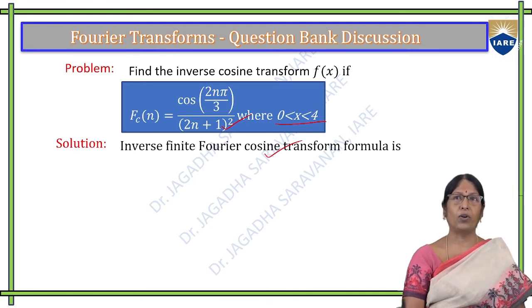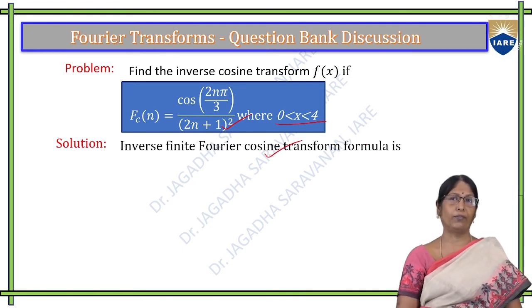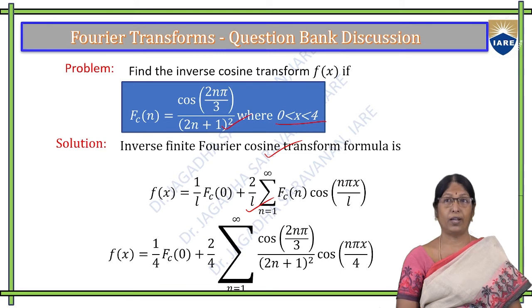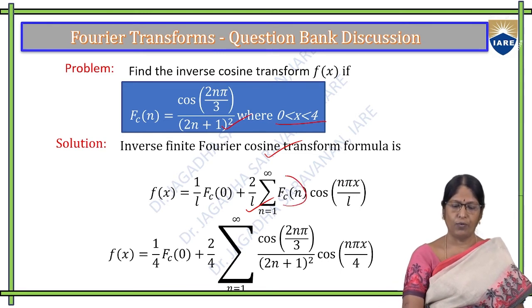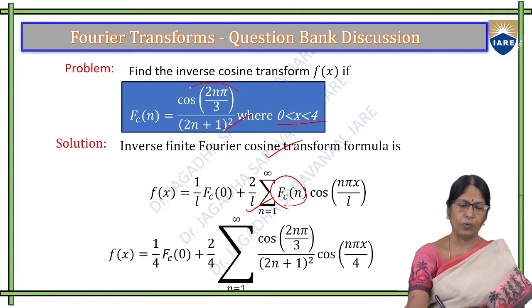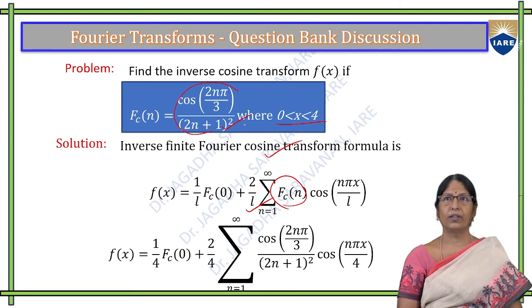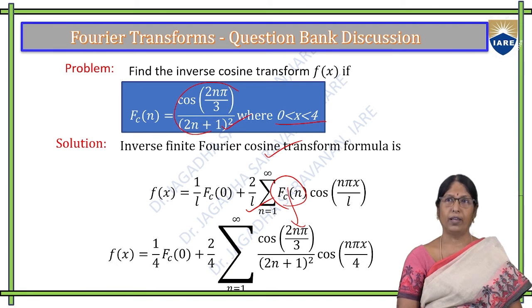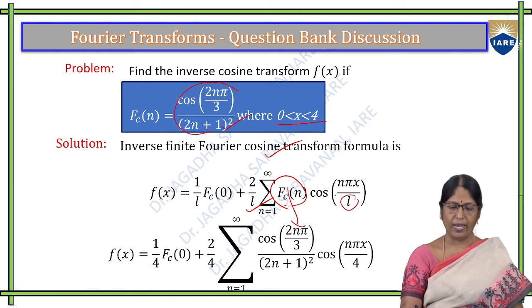Now we are recalling our Bloom's taxonomy, the first level: remember. We recalled the formula, and we are understanding that the Fourier cosine plays a role under the summation. Then what is given in our problem? Fc of n is given, and we are applying it correctly in the particular place. And what about L?